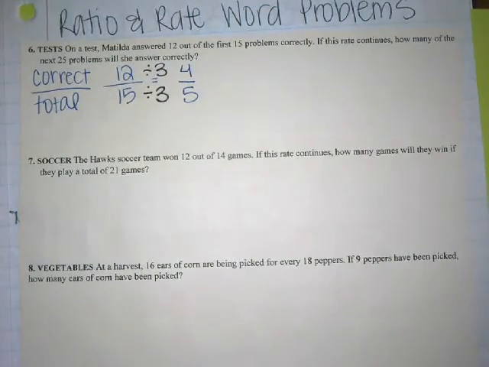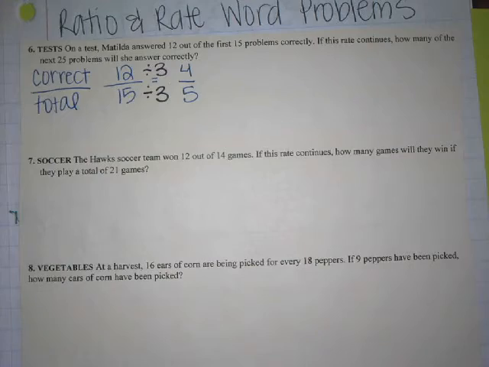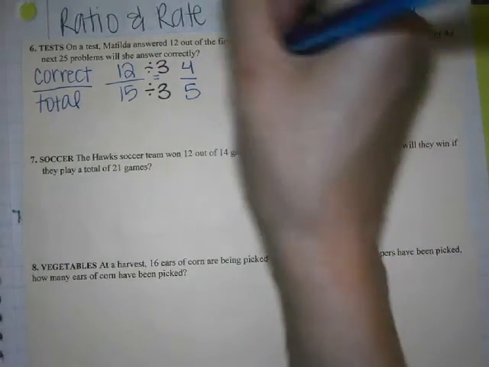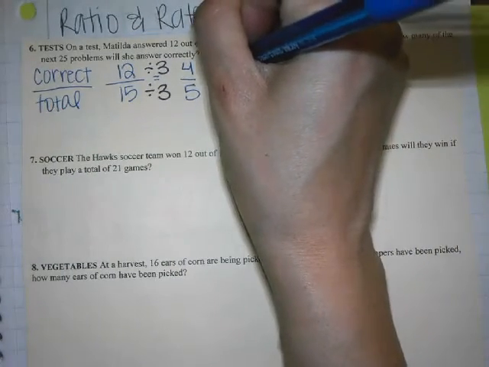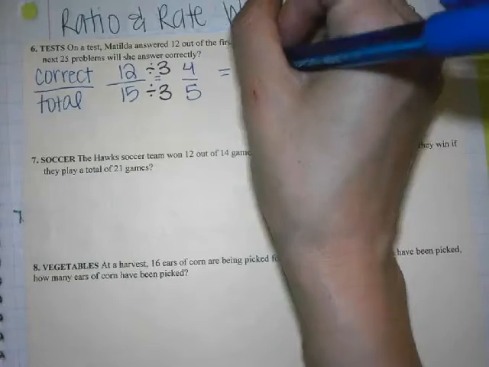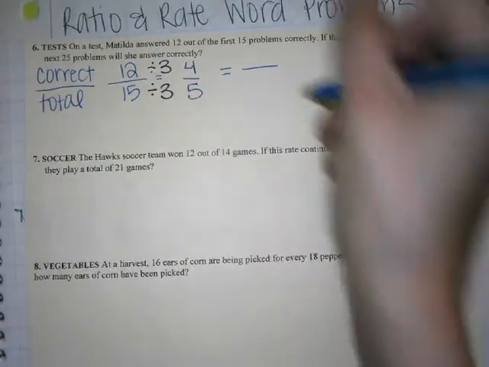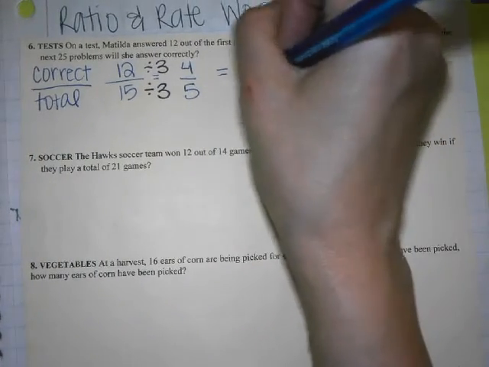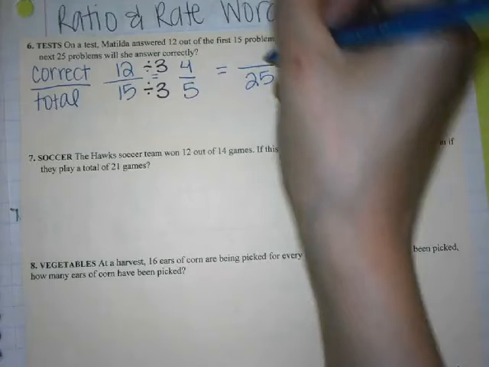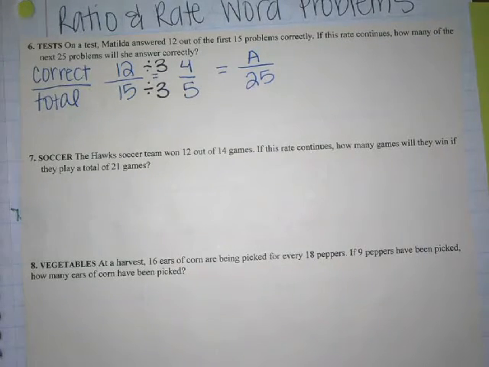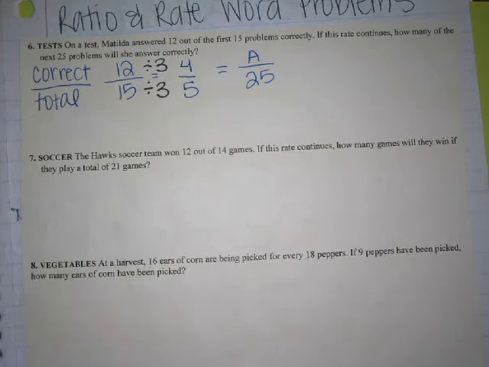Number 1. What do you do now? Now you put variable over. And what variable did you use? Perfect. You can use any variable you want, guys. 11. What do I do now?